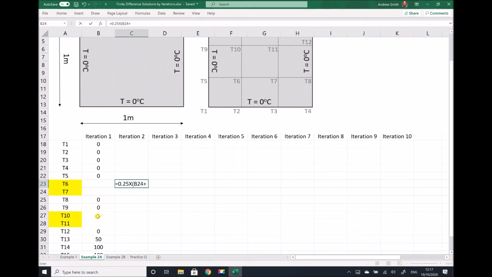So again, I'm going to click on the cell for T10. Now notice I've clicked on the boxes for the first iteration. What we're going to do in a moment is assign initial values to T6 and T10, and then all subsequent calculations are going to look at that first iteration and then improve the calculation of the solution as we converge towards a final solution.